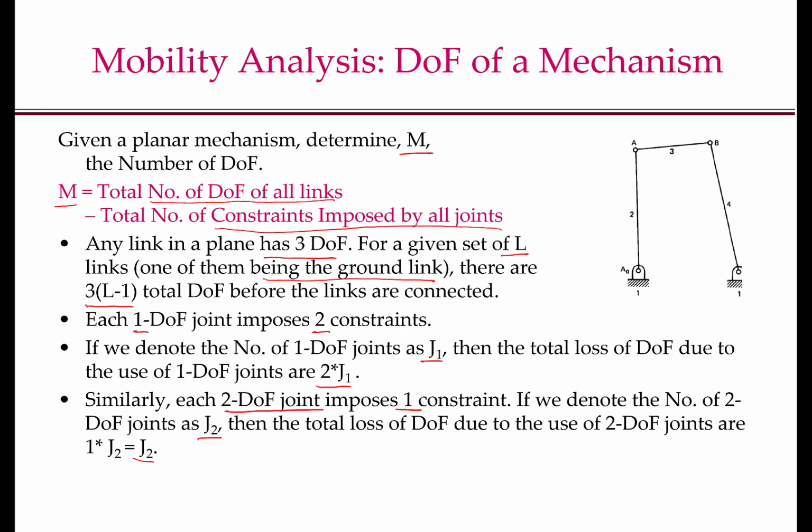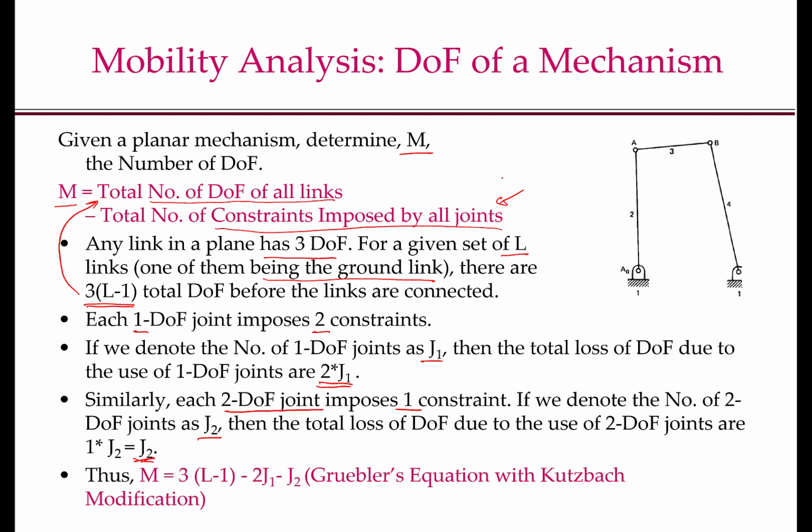So 3 times (L minus 1) is my total number of degrees of freedom, and 2J1 plus J2 is my total number of constraints. Therefore, M is equal to 3 times (L minus 1) minus 2J1 minus J2. This is called Gruebler's equation with Kurzbach modification. And this is the equation that we will use to compute the degrees of freedom of any planar mechanism.